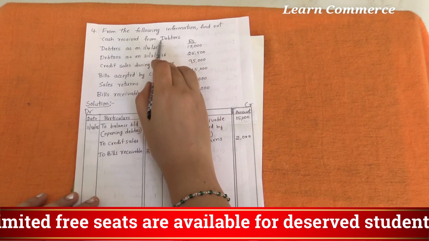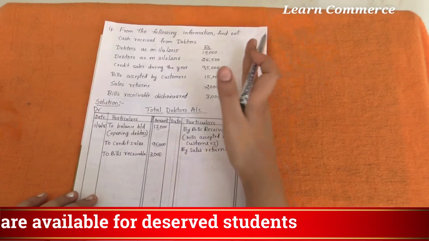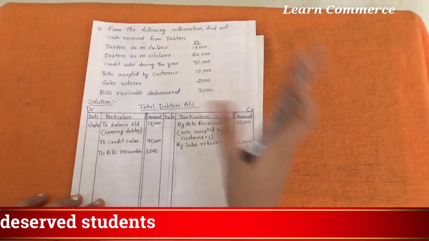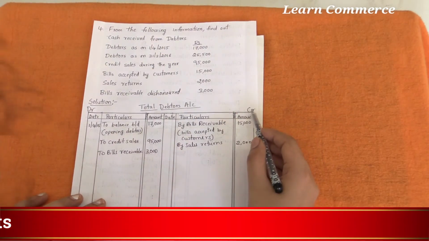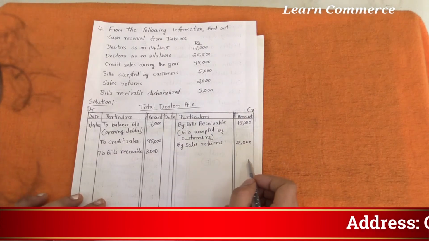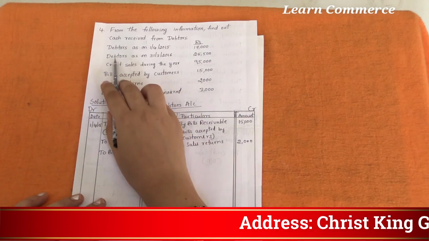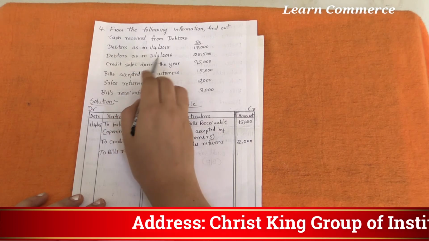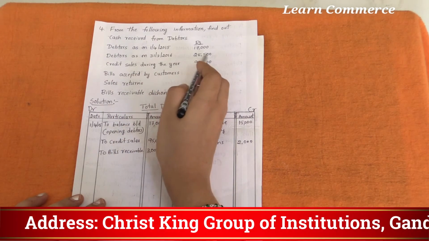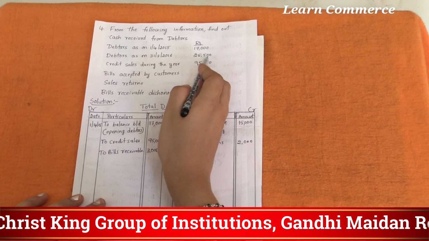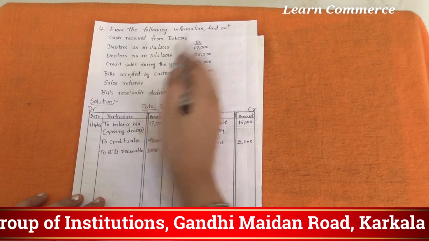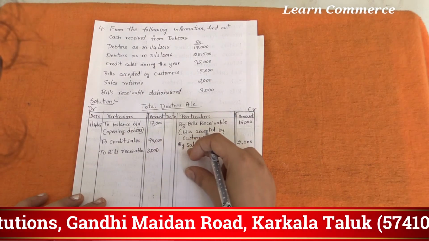Cash received from debtors is always recorded on the credit side. So we came to know the balance is a credit side balance. So the closing entry we should write: debtors as on 31st March 2016, 25,500. The closing debtors should always be recorded on the credit side. Leave some space here.